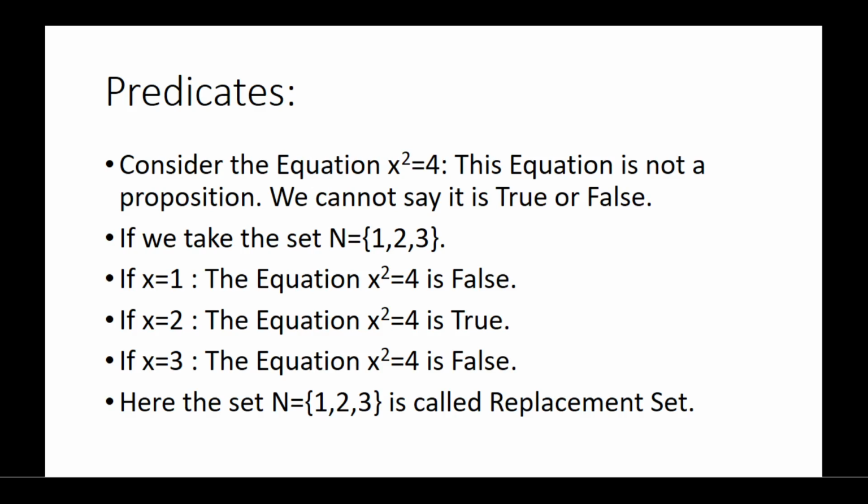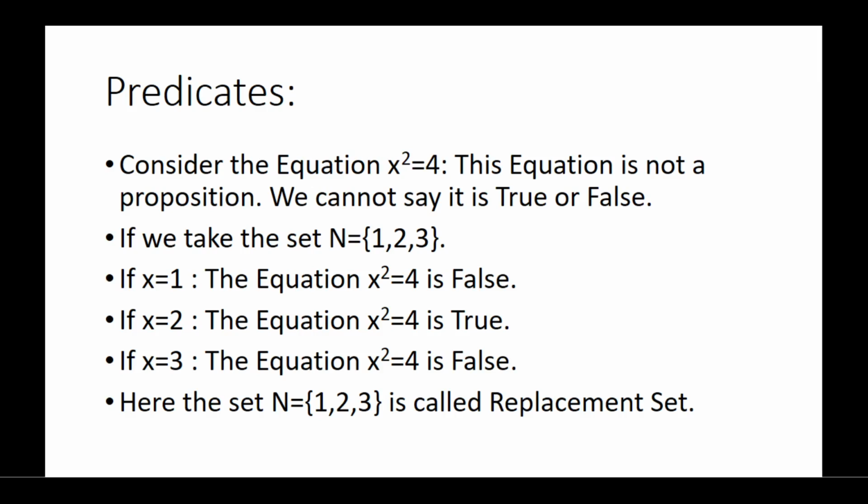Suppose if you put x equal to 2, it is 4 equal to 4, then the statement is true. If you put x equal to minus 2, then also it is 4. It is a true statement. If you give x equal to 3, 9 is not equal to 4. It is a false statement.